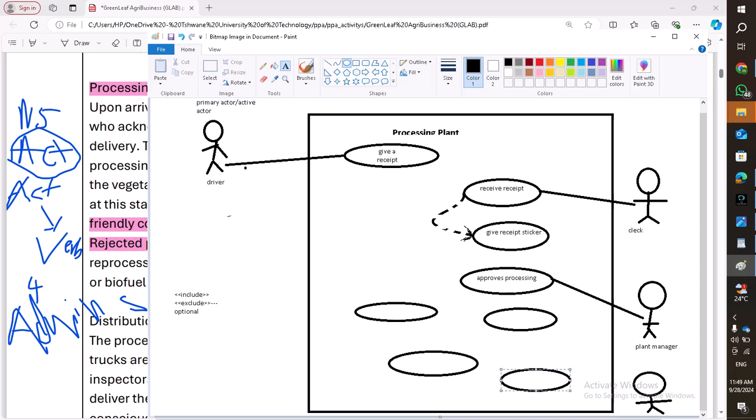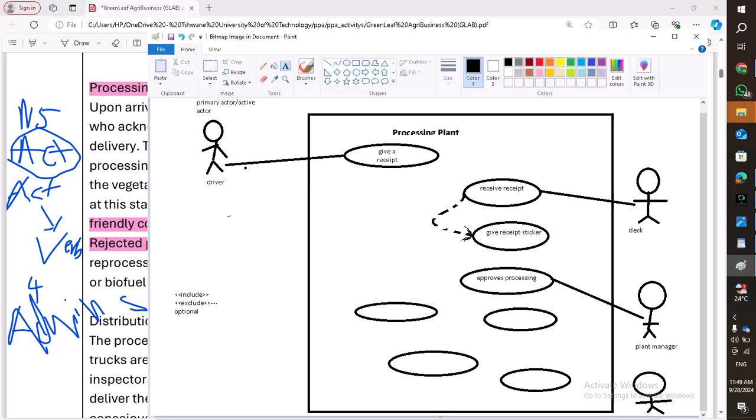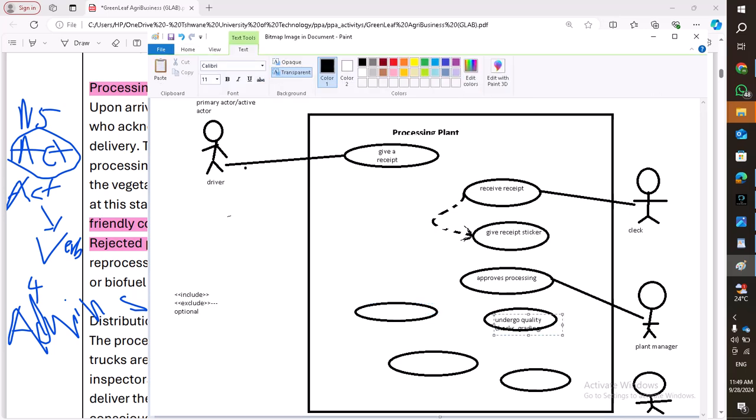And then what does the system do? Then the first thing the system is doing is this. We do the quality check. And also, what does the system do?